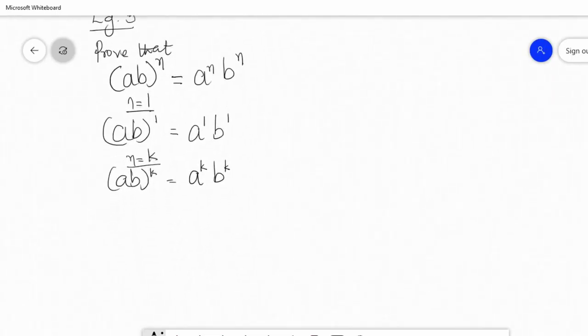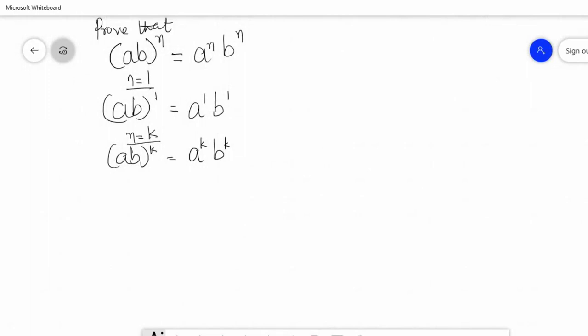We shall assume this to be true and then set our next iteration to be n equals k plus 1. (ab) to the power k plus 1 should give us, so using what we had from when we set our iteration to k, let's label it equation 2.